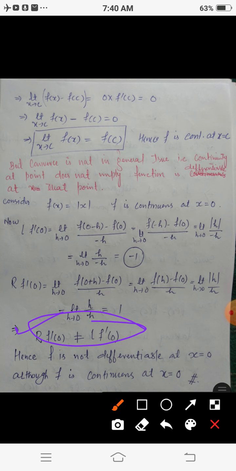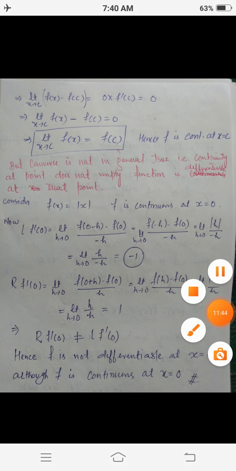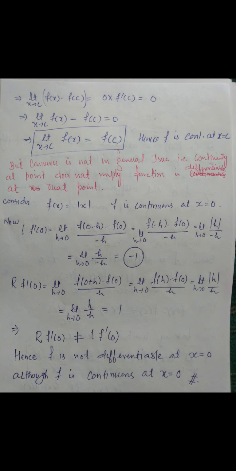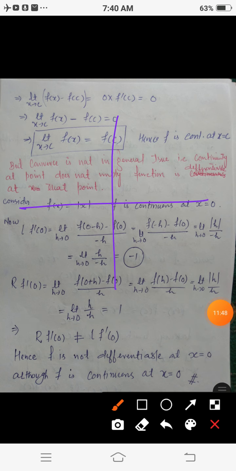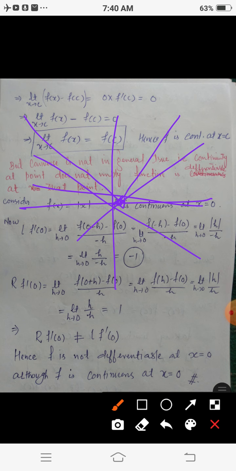The reason for this is, if we consider a function whose graph is like this, that is V-shaped, where there is a vertex. Now at this point we can draw infinitely many tangents. When we draw infinitely many tangents, it is not differentiable.